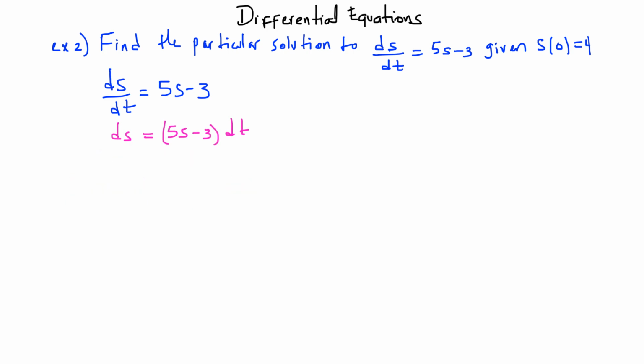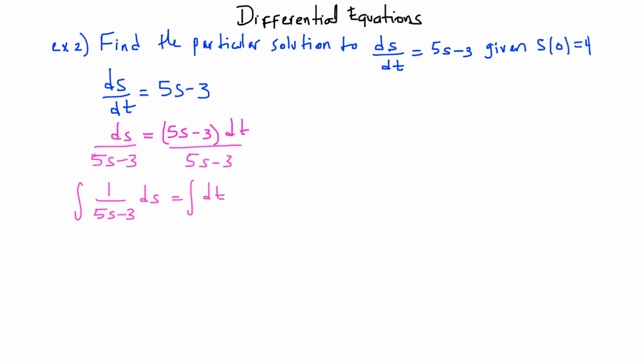So now you can see that when you move the s terms over to the ds, you're actually moving the entire 5s minus 3. So it'll be a division because 5s minus 3 is multiplying. And so we have, I think it's best if I write it this way, 1 over 5s minus 3 ds equals dt.